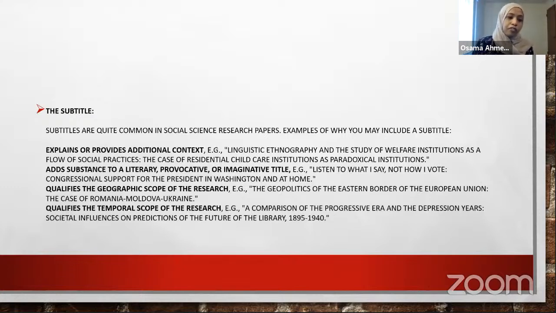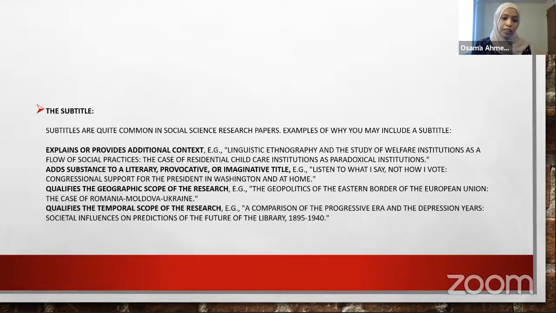And also it qualifies the geographic scope of the research. Like the next example, "The geopolitics of the eastern border of the European Union: the case of Romania, Moldavia, and Ukraine." This is to specify more the geographical part that you're studying. And also it can qualify the temporal scope of your study.